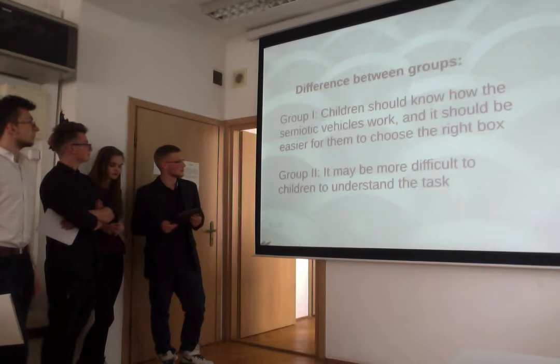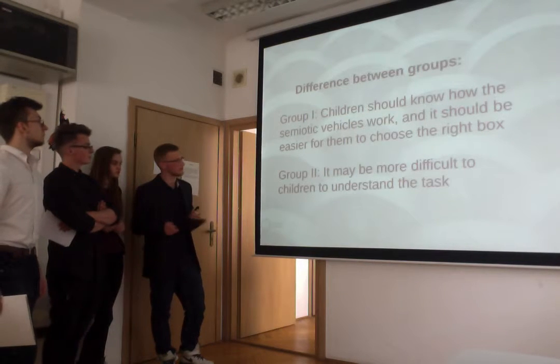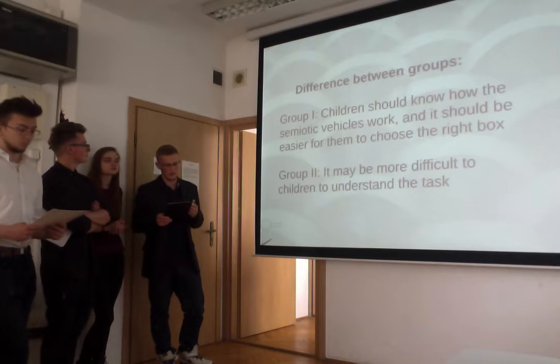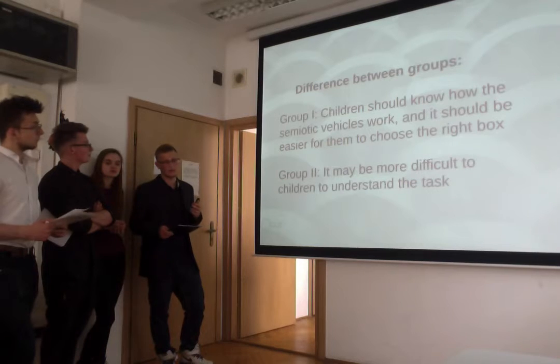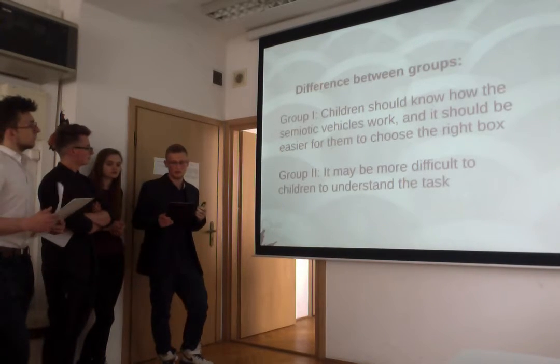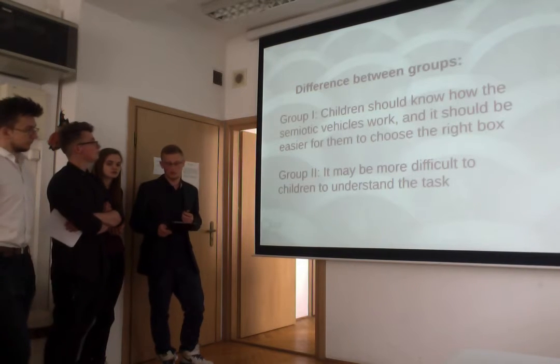And in the second group, it might be more difficult for children to understand the task, because we wanted to check if they can understand our intention by themselves without showing them how the semiotic vehicles work, and how exactly we would inform them about the way of indicating the right box.